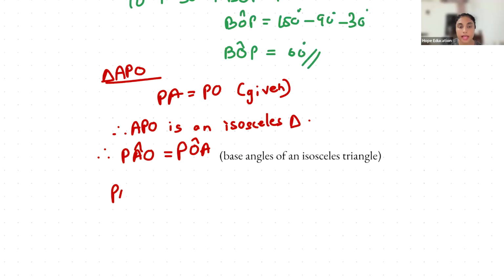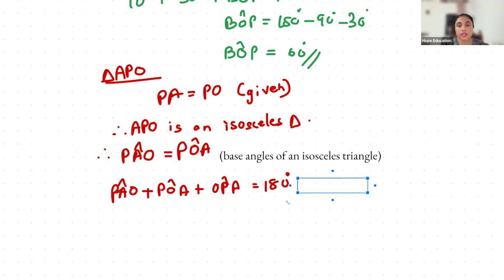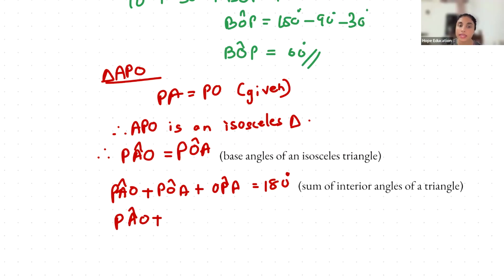PAO plus POA plus OPA equals 180, the sum of interior angles of a triangle. Now, PAO and POA are equal, so instead of POA I also write PAO.